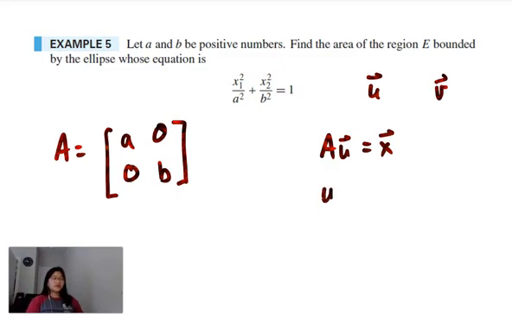Then we also have that u1 is x1 over a, and u2 is going to be x2 over b.